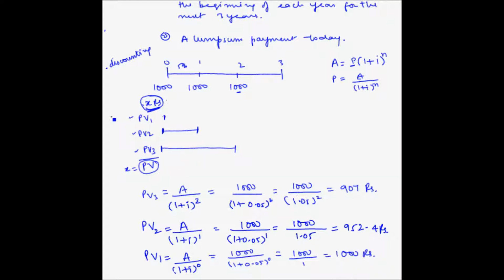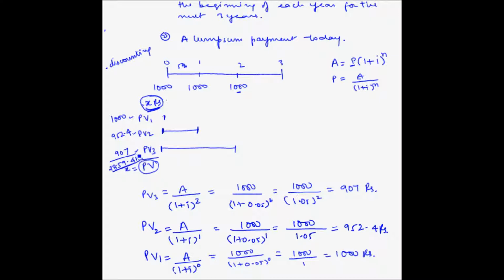So PV1 is 1000, PV2 is 952.4 and PV3 is 907. So the total is 2859.4 rupees.